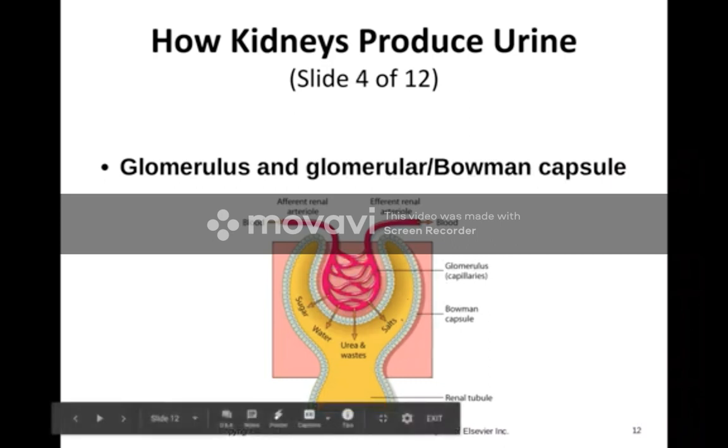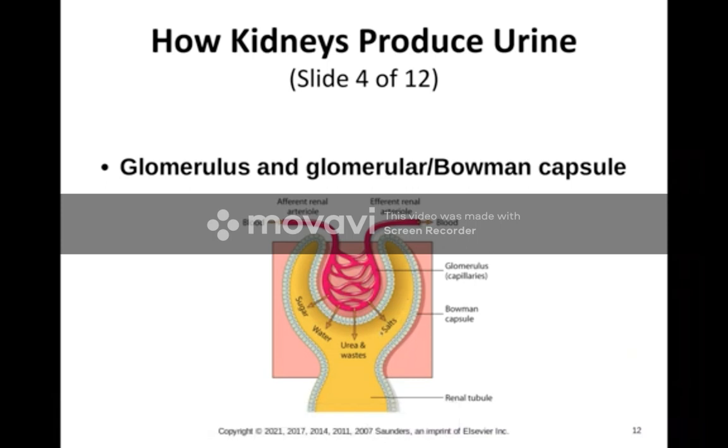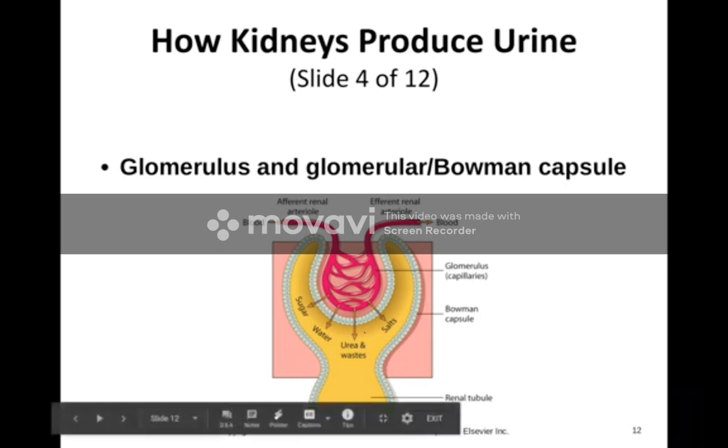Here's an illustration of the Bowman capsule, the glomerulus, or the capillaries there. Afferent means the blood coming into the glomerulus, and efferent means that it's flowing away from it, and then the filtering out of the sugar, water, urea, and other wastes and salts into the renal tubule.